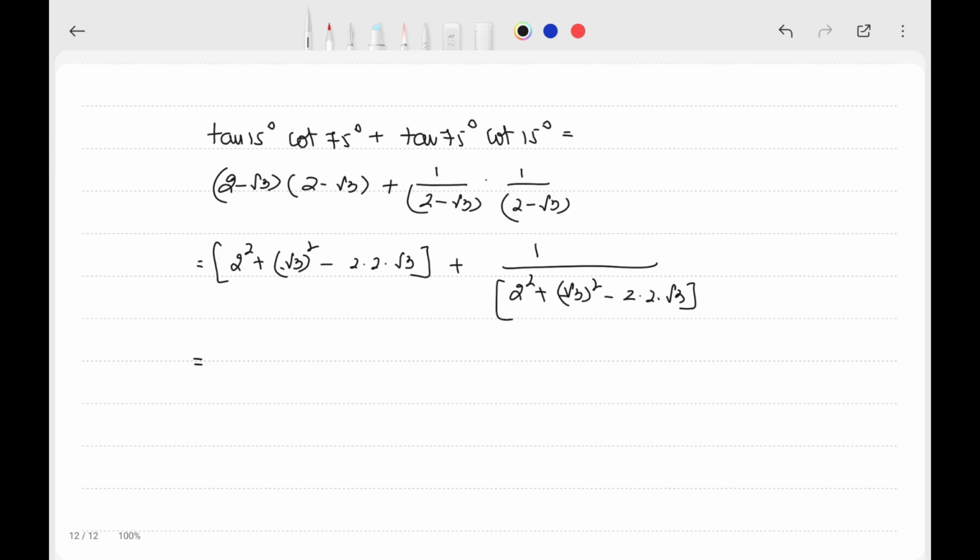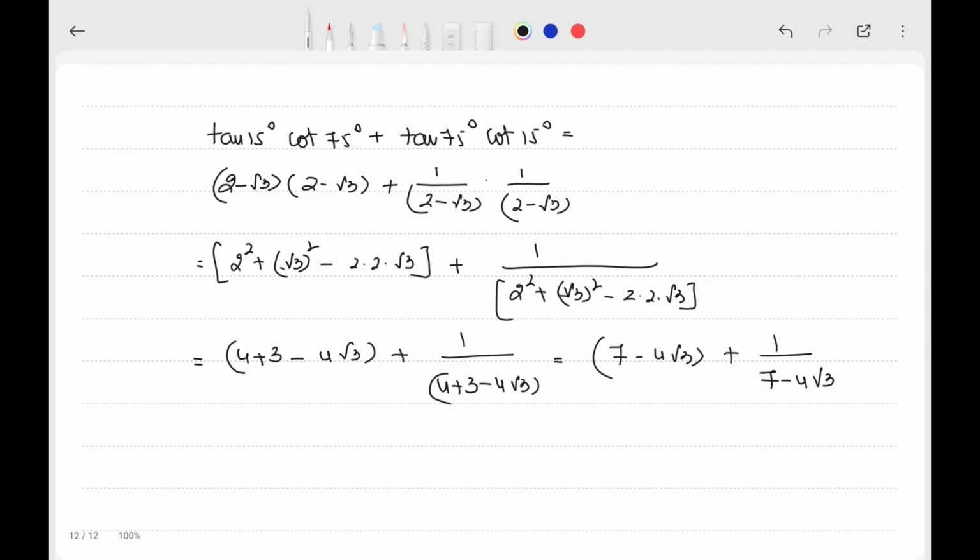The root 3 whole square will become plus, and this is 4 plus 3 minus 4 into root 3, plus 1 by 4 plus 3 minus 4 into root 3. Just see, 7 minus 4 into root 3 plus 1 by 7 minus 4 into root 3.